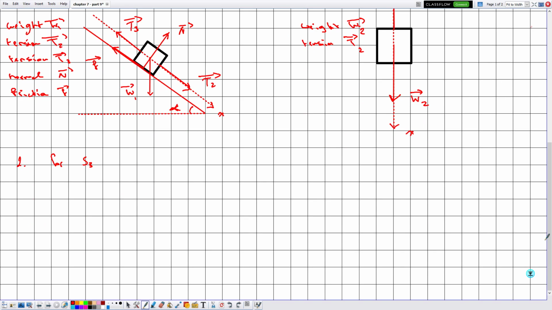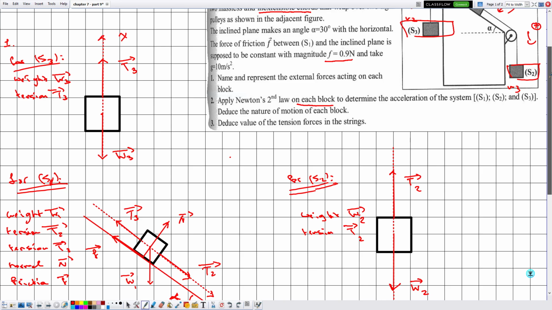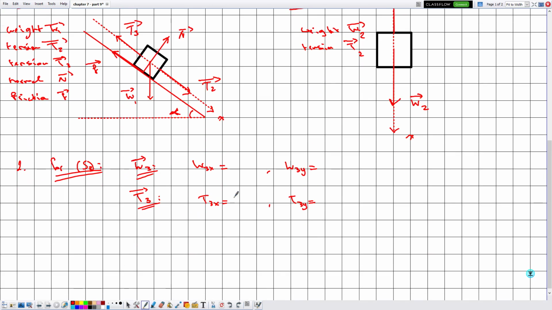Let's start with the solid S3. For the weight W3, we have W3x and W3y. For T3, we have T3x and T3y. In this case, T3 is along the direction of motion on the x-axis, so this is plus T3 and 0, and this will be minus W3 and 0, if you check the figure correctly.